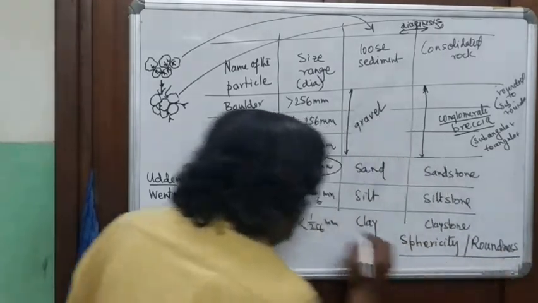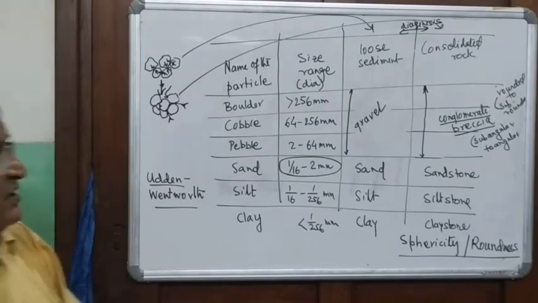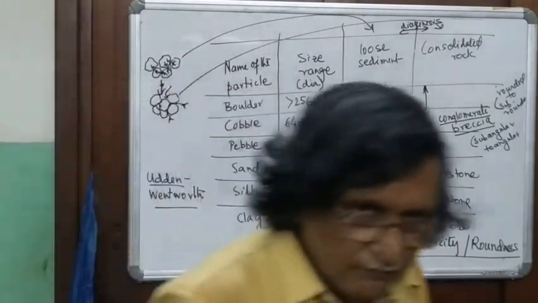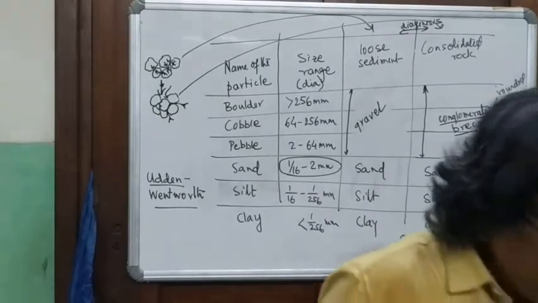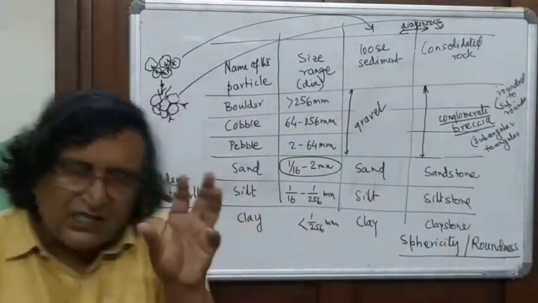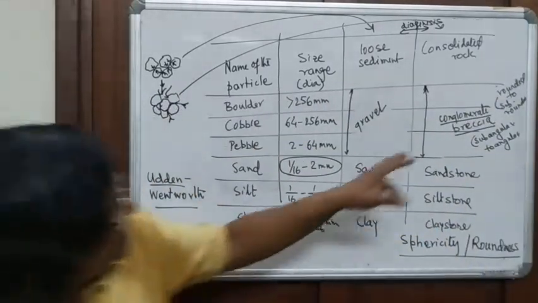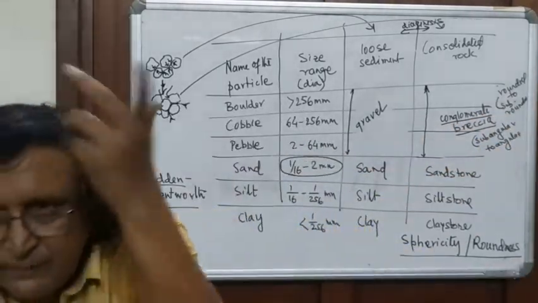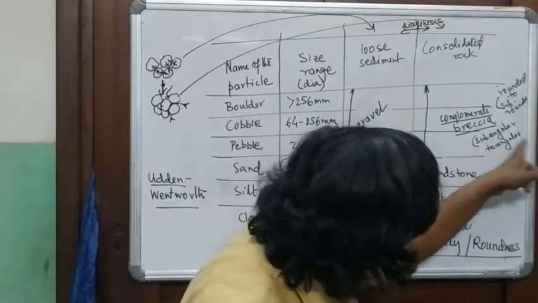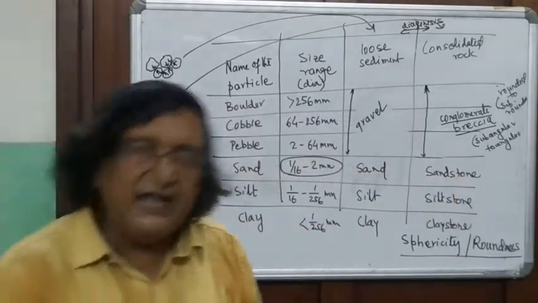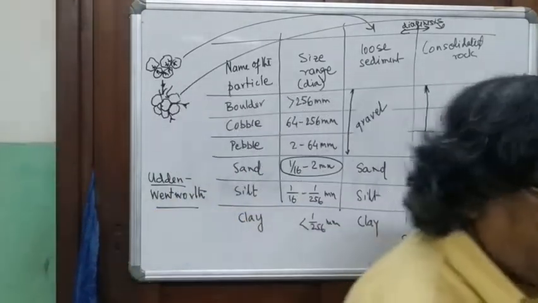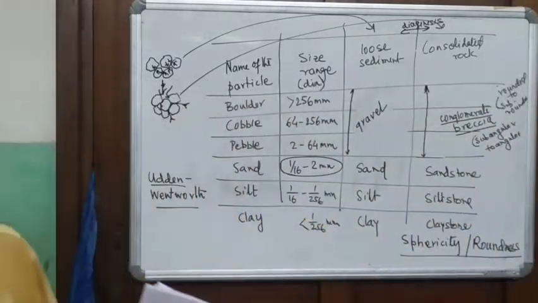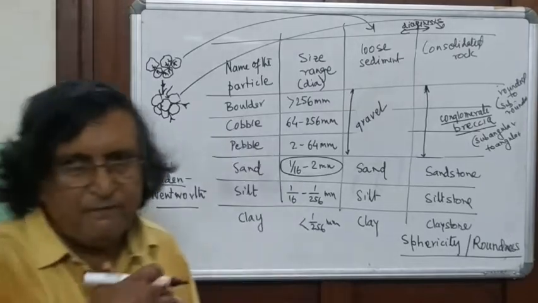You have to read what the difference is between sphericity and roundness, because I am talking about rounded to sub-rounded. What does this mean, rounded to sub-rounded, and subangular to angular? So I leave this to you. You can read it from many sources. Sphericity and roundness of sediments you can find on many websites.